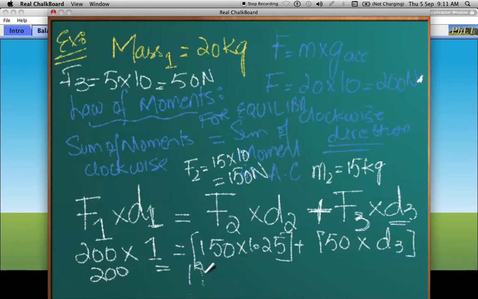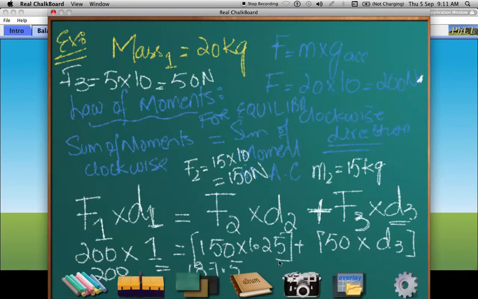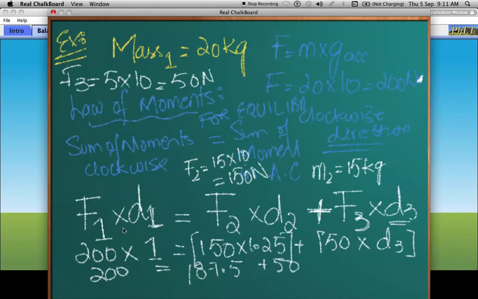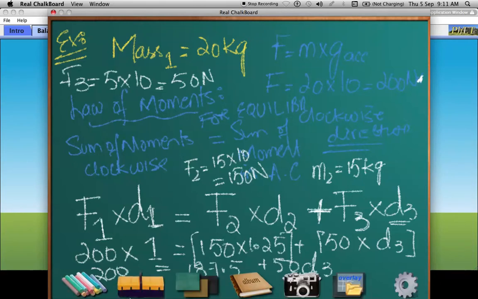This is 187.5 plus 50 d3. You can use your calculators here and see if this is the exact value. I don't have a calculator right now, but let me just check if this is the correct value. Yes, it is 187.5 plus 50 d3. So remember this equation, and let me just clear this and we'll continue.